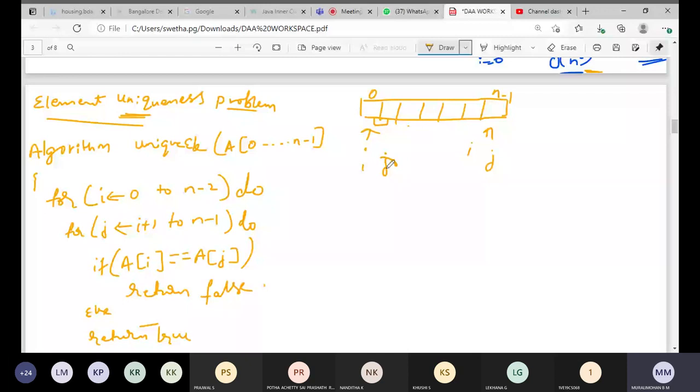Again we compare a of i with a of j, so now these two are compared. If these two are equal, we return false and exit. Else we increment j. Like this, j will come up to n minus 1. Once one loop is finished, we go back and increment i for the next element, and j starts again from i plus 1.